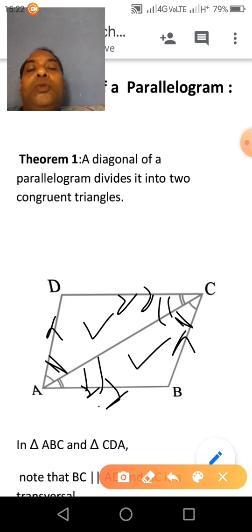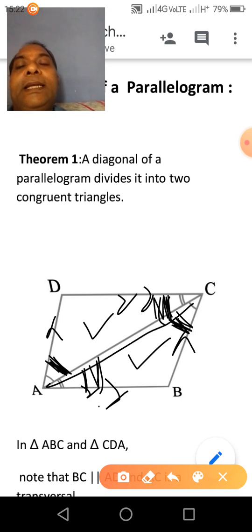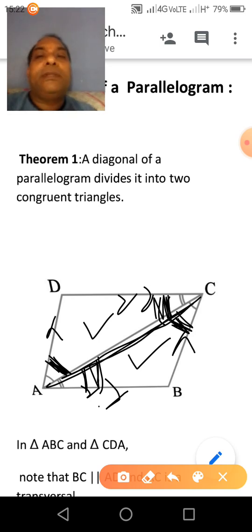Clear? So in both triangles, triangle ADC and triangle ABC, this angle is equal to this one and this angle is equal to this one, and AC is common in both.